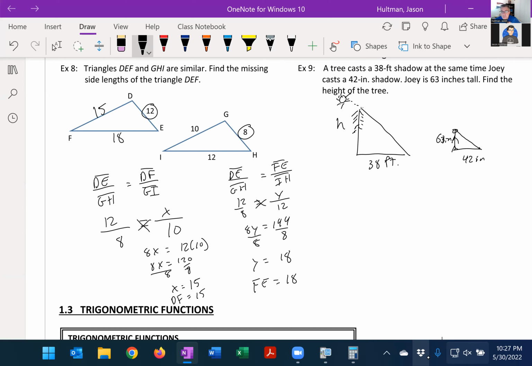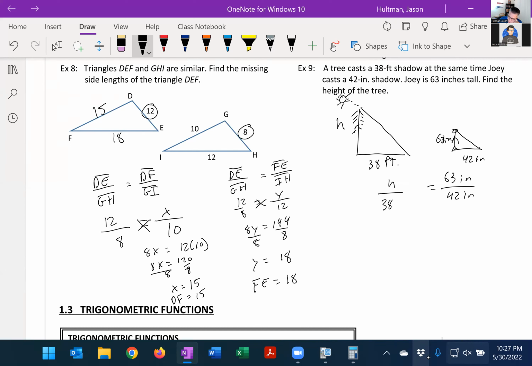Now, we would normally have to reconcile our units. In this case, I'm going to make it so that we relate Joey's shadow to his height, so the units are going to cancel out, which is really nice. Otherwise, I'd have to change everything to either inches or feet. And so here we have H over 38.